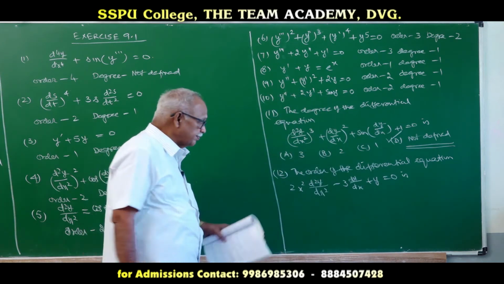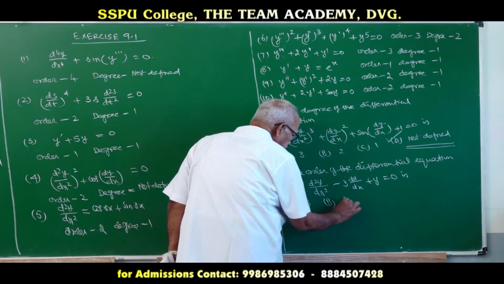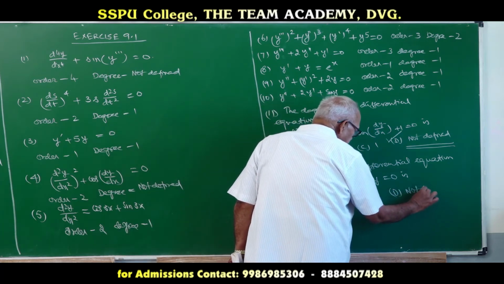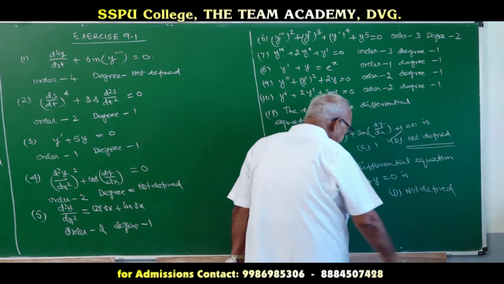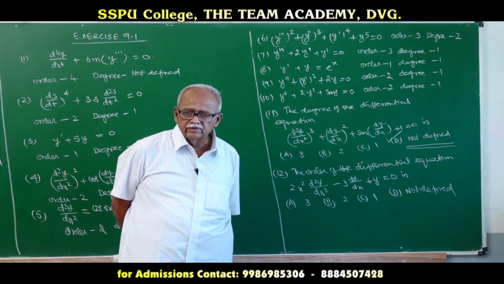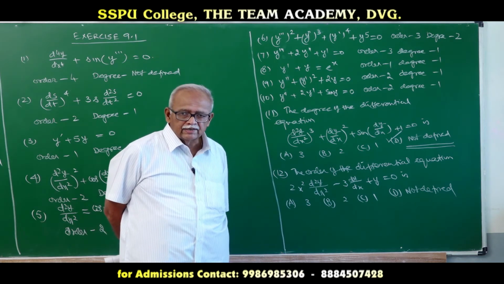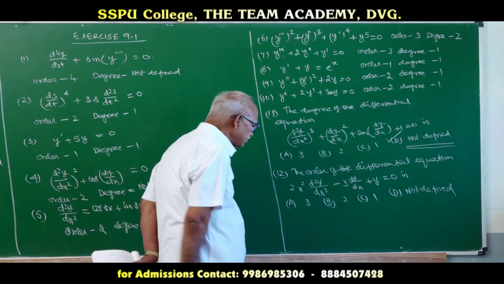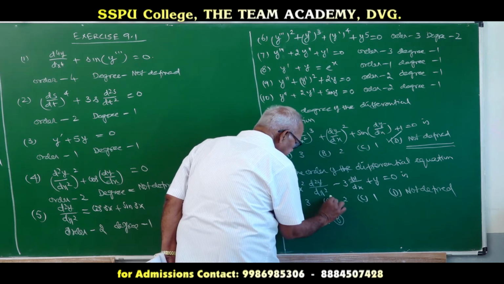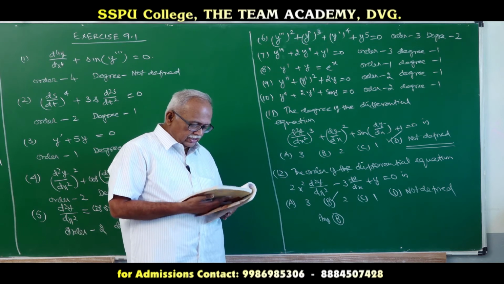Now I will write the options. A 3, B 2, C 1, D not defined. The definition for order of the differential equation is the highest order derivative. Here the second order derivative d square y by dx square is there. Therefore, answer is B, second order derivative. So, this completes the first exercise.